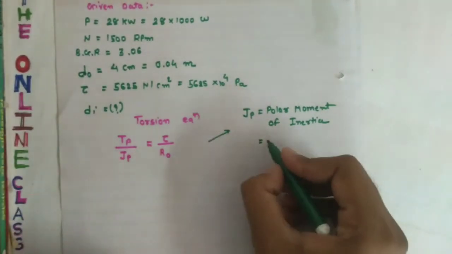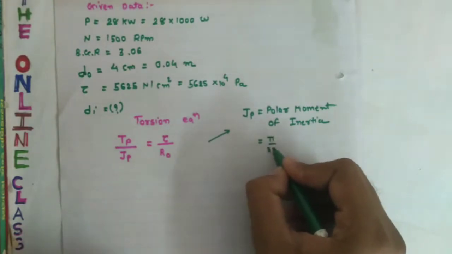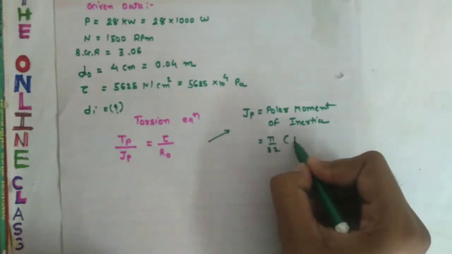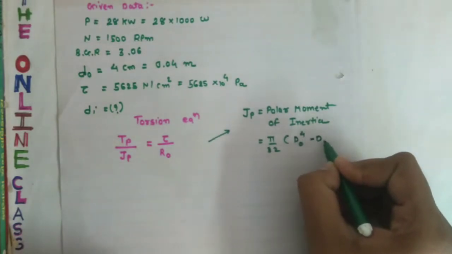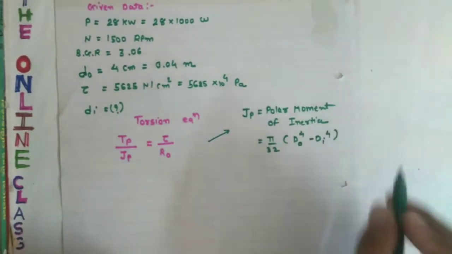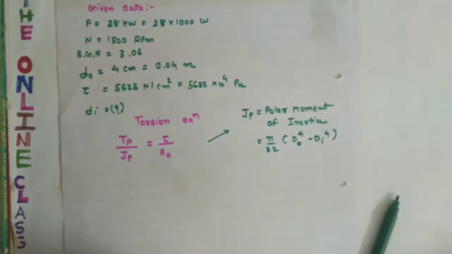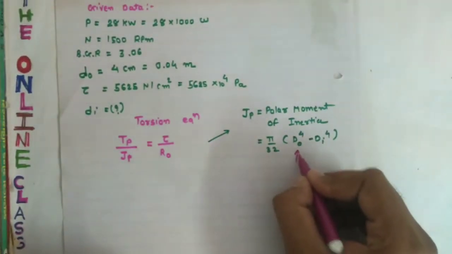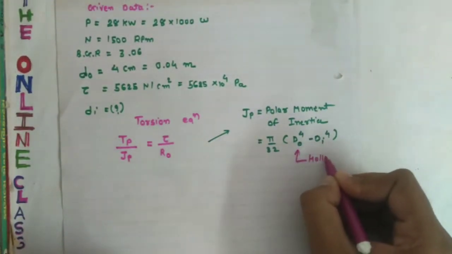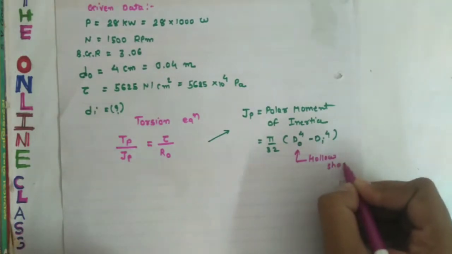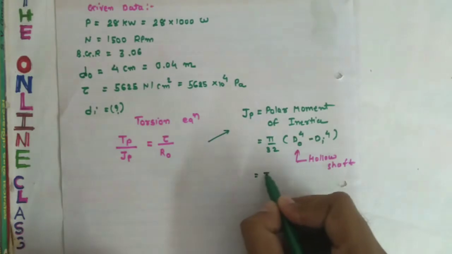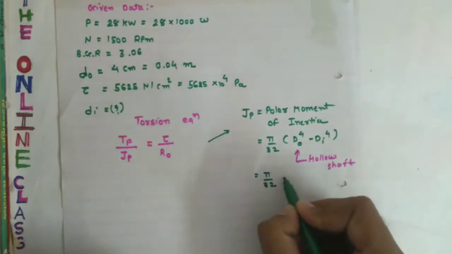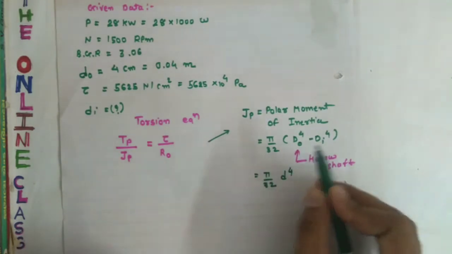Pi by 32 into DO raised to 4 minus DI raised to 4. This is for hollow shaft. If the shaft is solid, then JP is equal to pi by 32 d raised to 4.